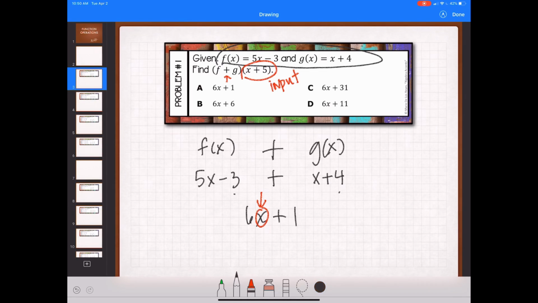So now we have 6 parentheses, the input, which is x plus 5, and then that 1 is from right here. Okay, now we're going to simplify. So we're going to distribute, that's 6x plus 30, and drop down the 1. So that gives us 6x plus 31.